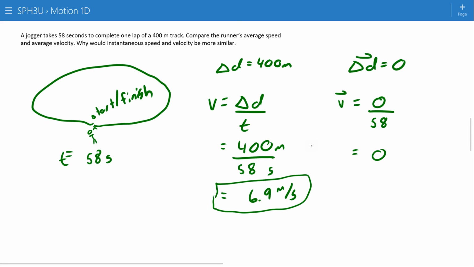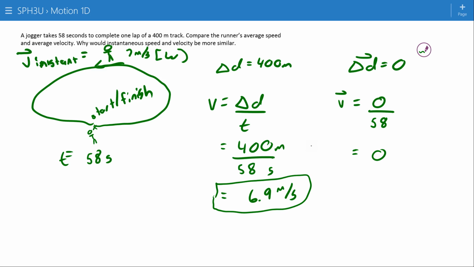If we were to try and consider the instantaneous velocity, we don't have numbers to work with that. But just imagine the guy as he's running down the backside of this track here. Here we might say he might be running at, let's say 7 meters per second, and let's call this the west direction. In that instant, the instantaneous velocity might be 7 meters per second west.